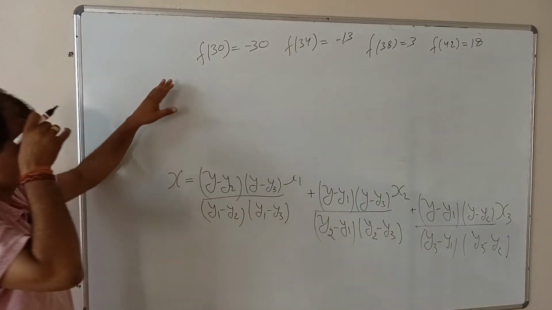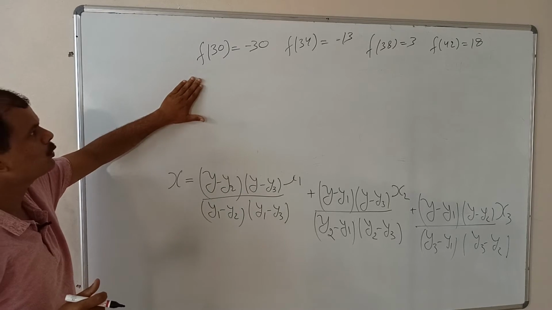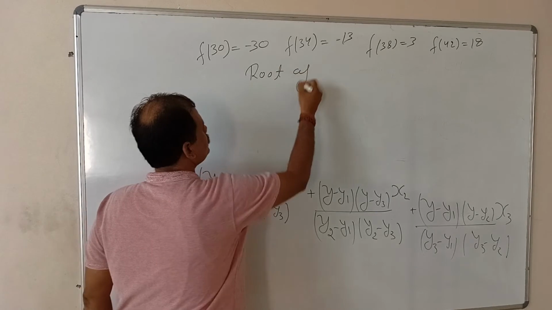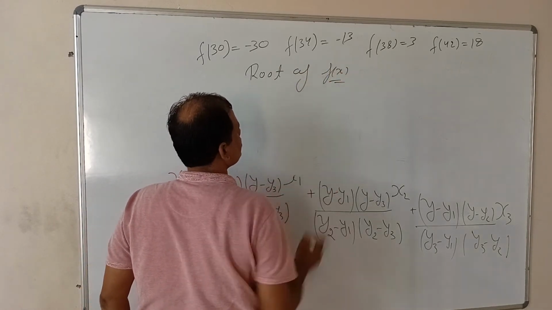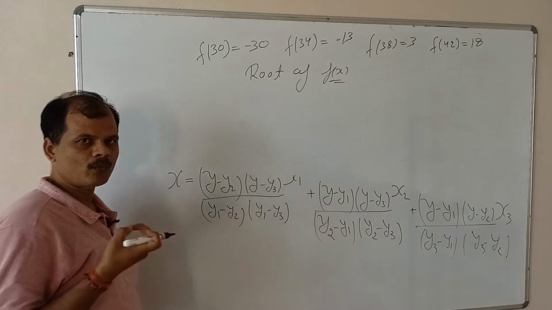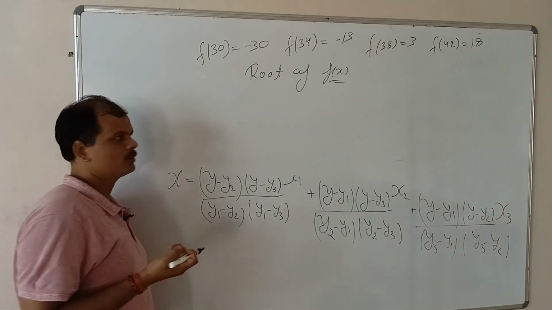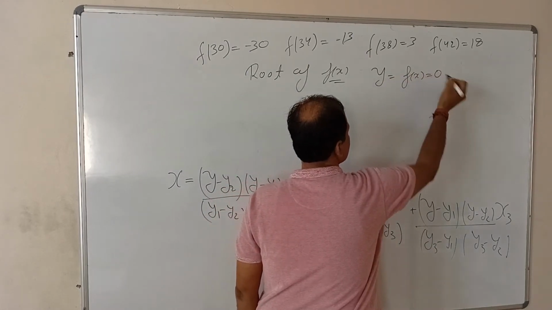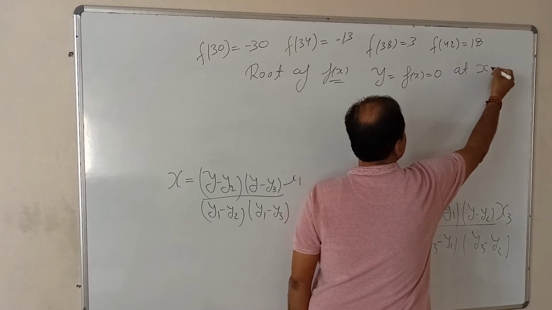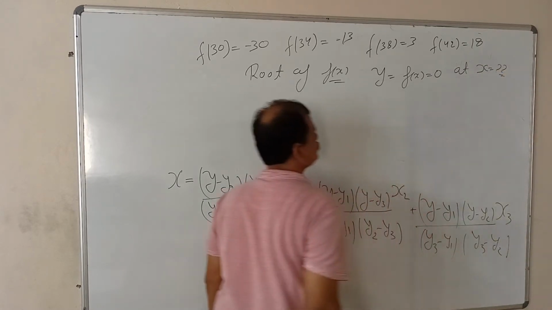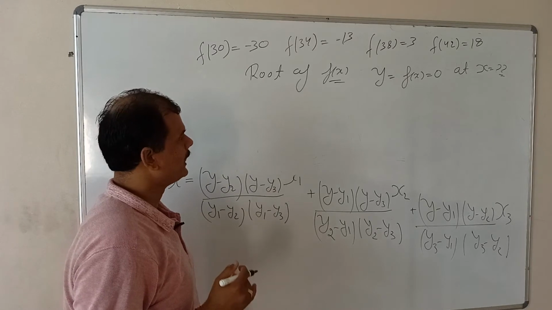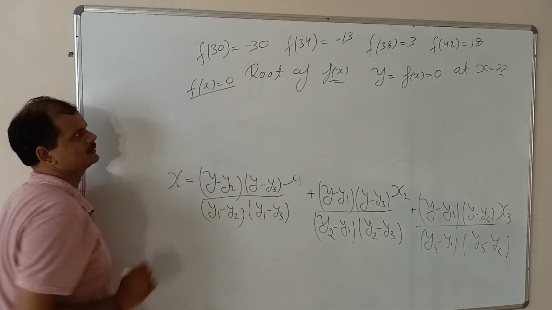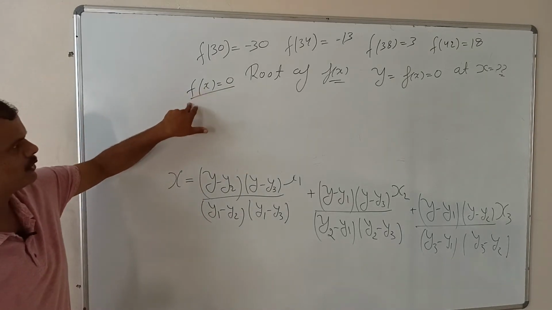So these data points are given and the question is to find the root of f of x. Root of f of x means at what x f will be 0. So y equal to f of x will be 0 at what x? Here the y value is given and we need to find the x. It means f of x equals 0.